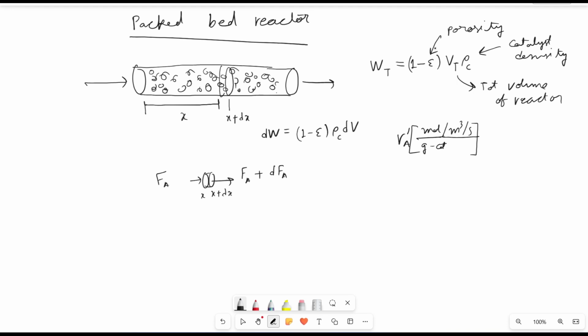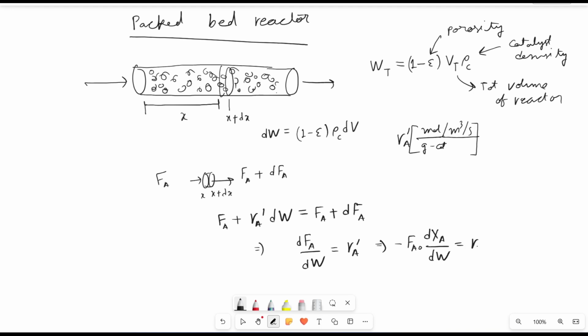So by doing the material balance, Fa plus Ra prime dW, that is generation, is equal to Fa plus dFa. There is no local accumulation, so we get dFa by dW equal to Ra prime, which is again equal to minus Fa naught dXA by dW equal to Ra prime.